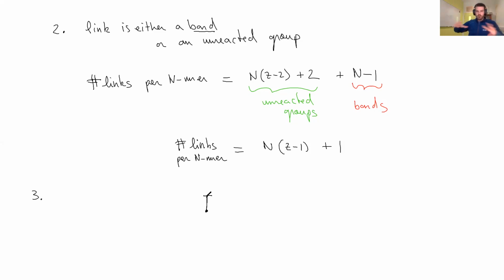I take my gel, or I take my system, my lattice that contains a certain number of chains and so on. And let me say that I pick one unreacted bond somewhere. I put my finger inside the system and I find a region where there is an unreacted bond. So I know this guy is unreacted. So there is nothing on this side. My question is, what is happening here on the other side?